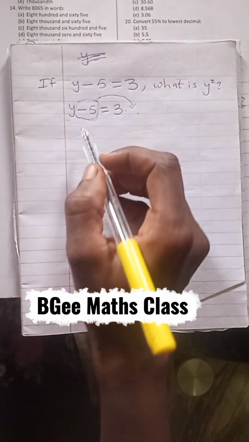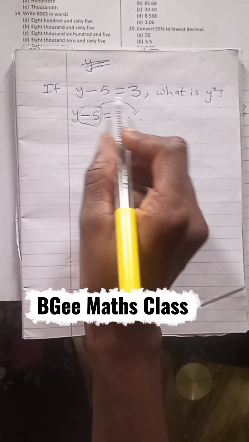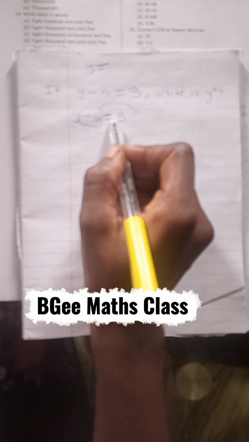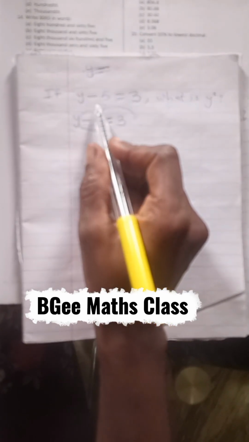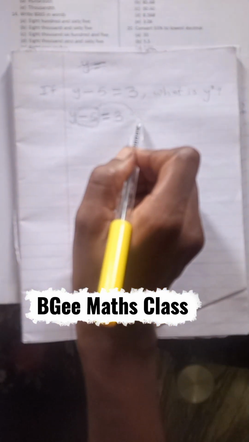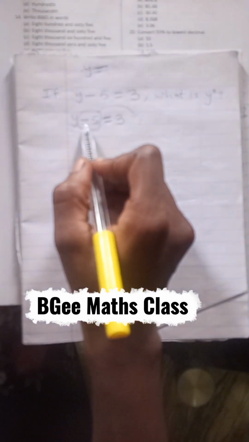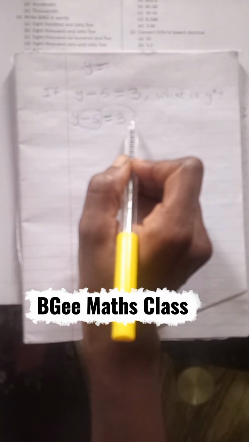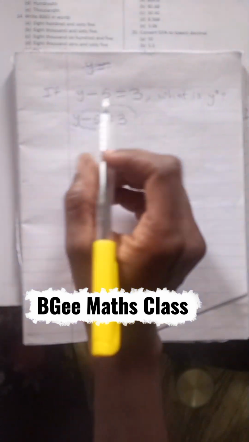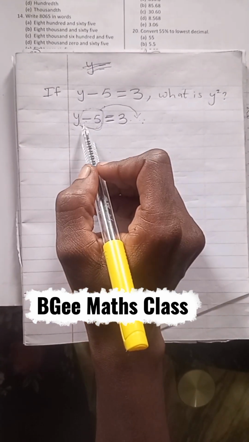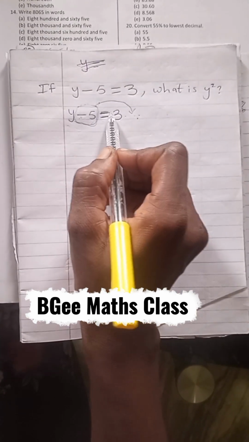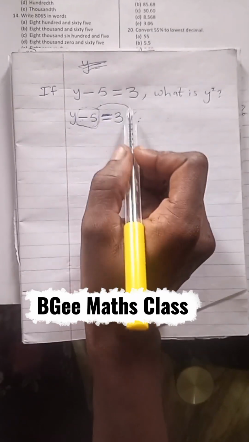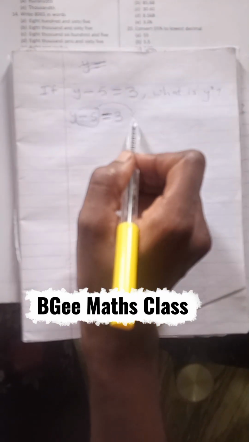Now, anytime I am crossing over this equality sign, my minus will change to plus. Same thing goes for plus: if it was plus, as I move it, it will turn to minus. But since it is minus that is here, as I move it over this equality sign, it changes to plus.